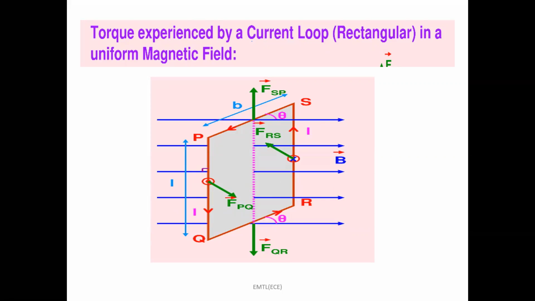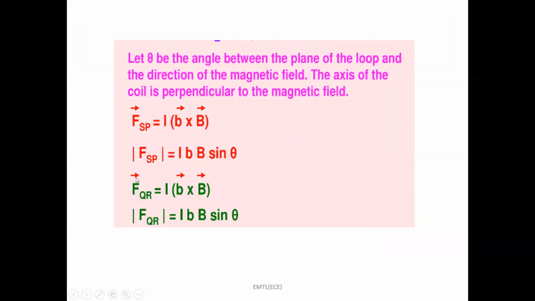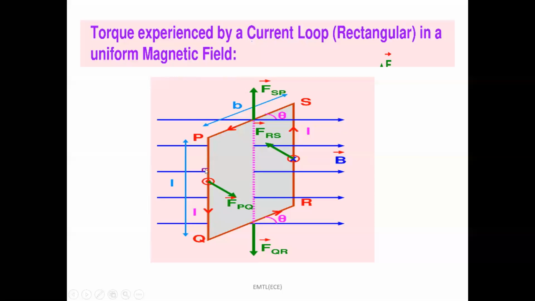The torque of the current loop in a uniform magnetic field is expressed as follows, let us discuss that. Theta is the angle between the plane of the loop and the direction of the magnetic field. When you observe, here it is theta.